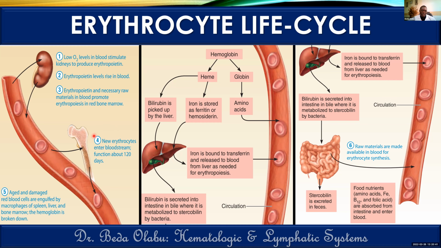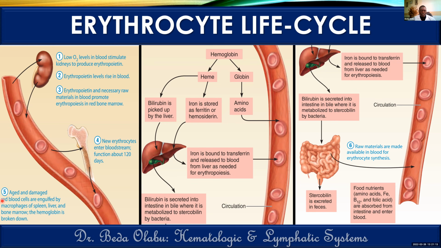Now, after a period of time, the red blood cells which have been formed will age. We mentioned that after 90 to 120 days, after 3 to 4 months, the red blood cells age. And the red blood cells which have aged are usually destroyed within the spleen, within the liver, and also within the bone marrow. We call those systems the reticuloendothelial system.